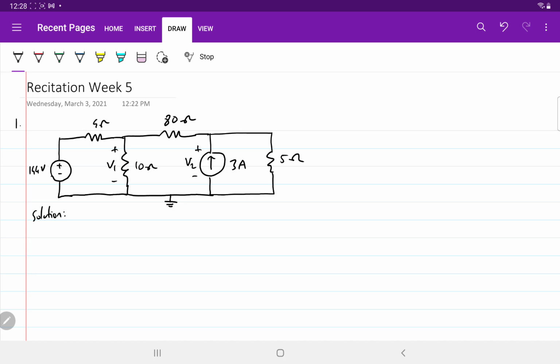So we can say that the voltage here is V1, the voltage there is V2, because we have 0 here. If you measure this point with respect to this, it will read as V1, and this one will read as V2. But if you want to measure the voltage across, say, this 80 ohm resistor, then the voltage will be V1 minus V2, because the reference here is V2.